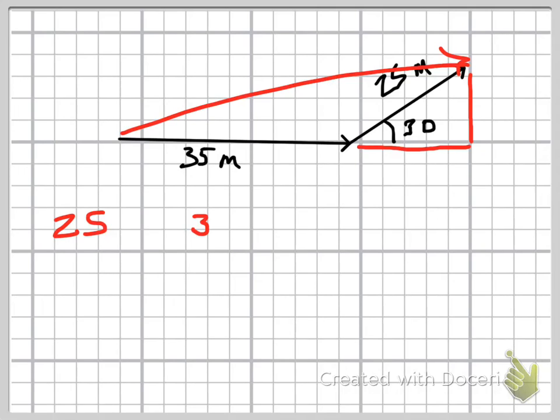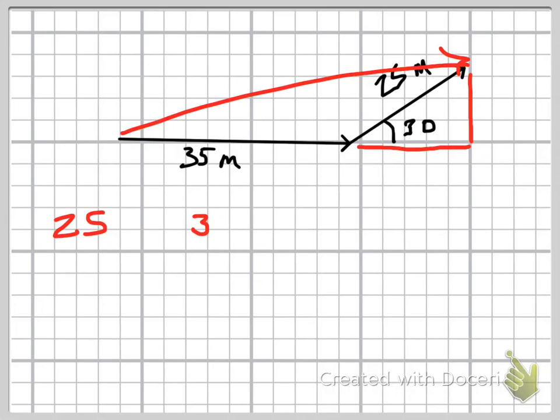We know that 25 meters is the hypotenuse. We have a 30-degree angle there. And so to find the opposite side from the angle, I can use sine. The formula for sine is sine of an angle, which would be 30, is equal to the opposite over the hypotenuse.